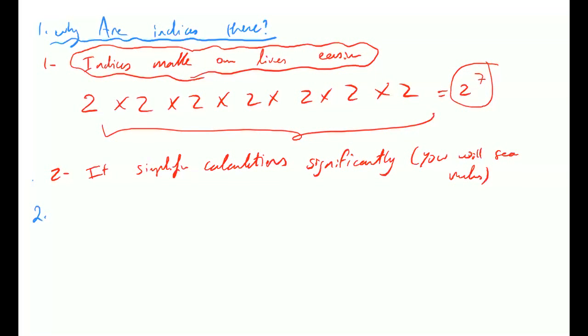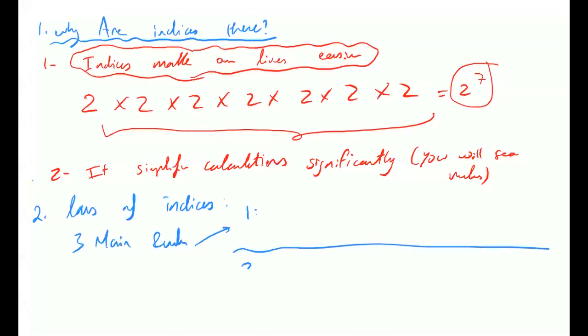Okay. Number 2, laws of indices. So there are 3 main rules. Number 1, number 2, number 3. Okay, number 1.